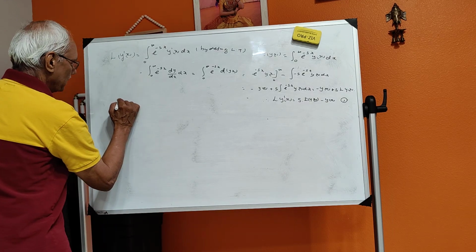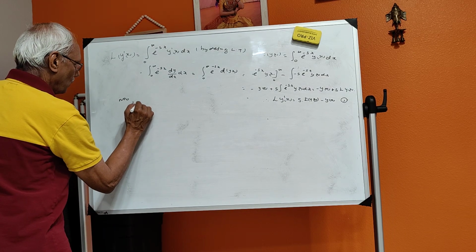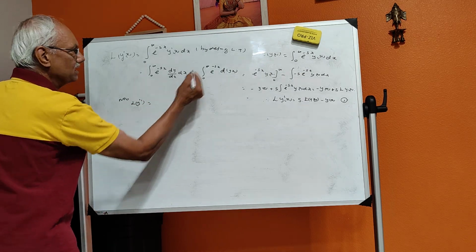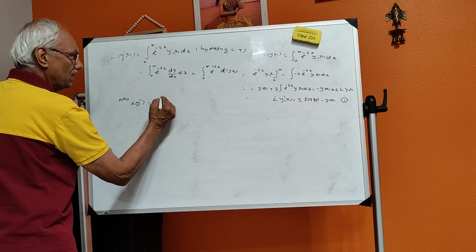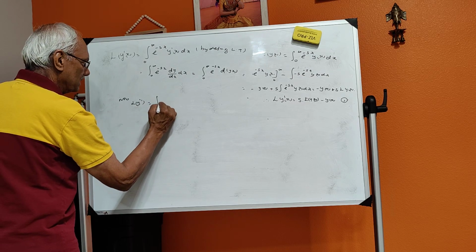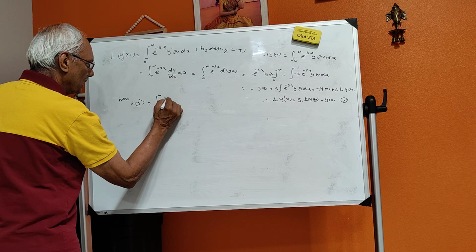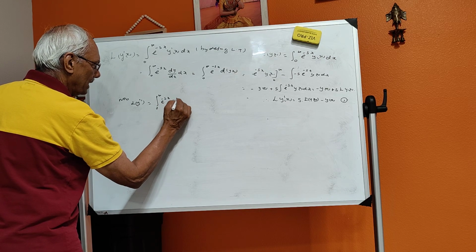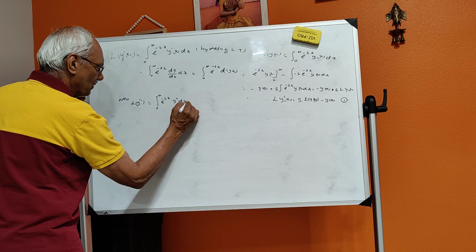Now L of y double dash, using the definition of Laplace transform, is the integral from 0 to infinity of e to the power of minus sx into y double dash dx.